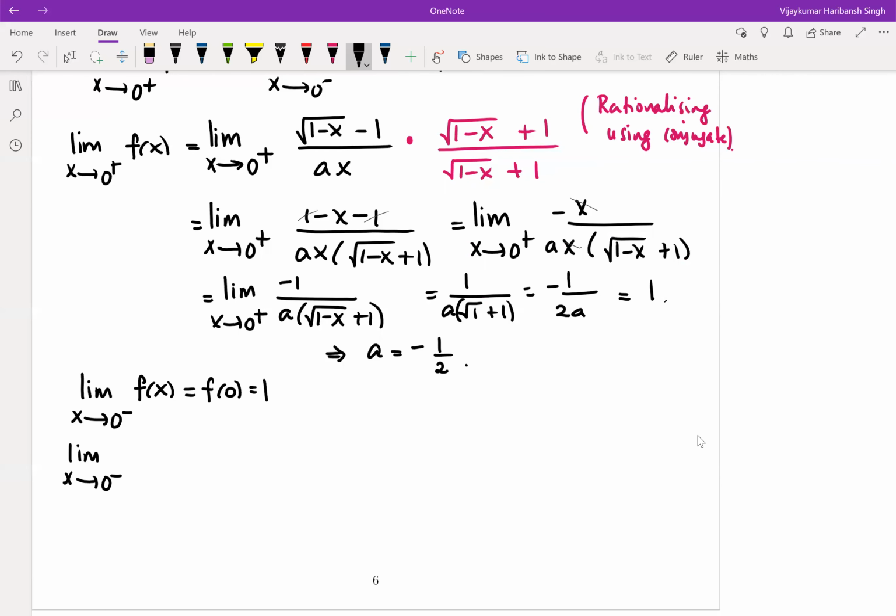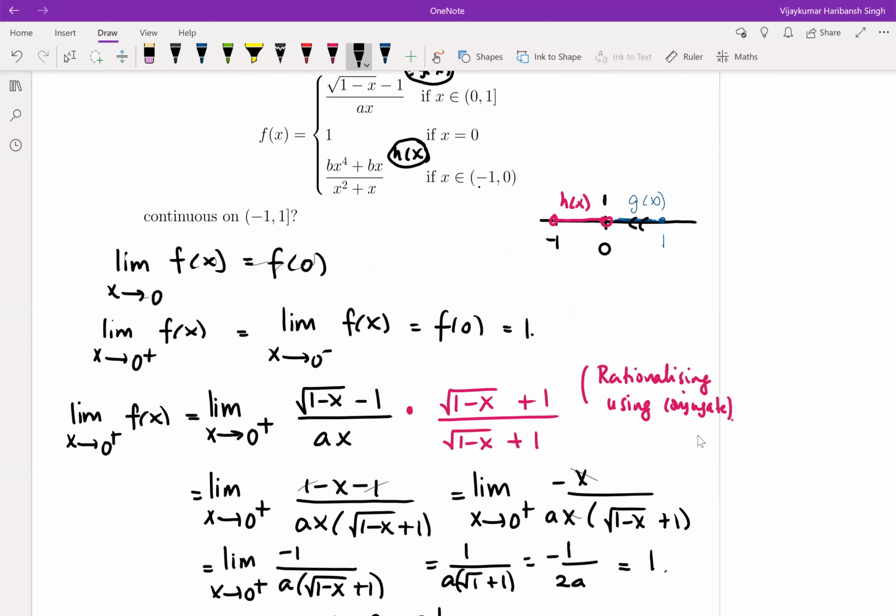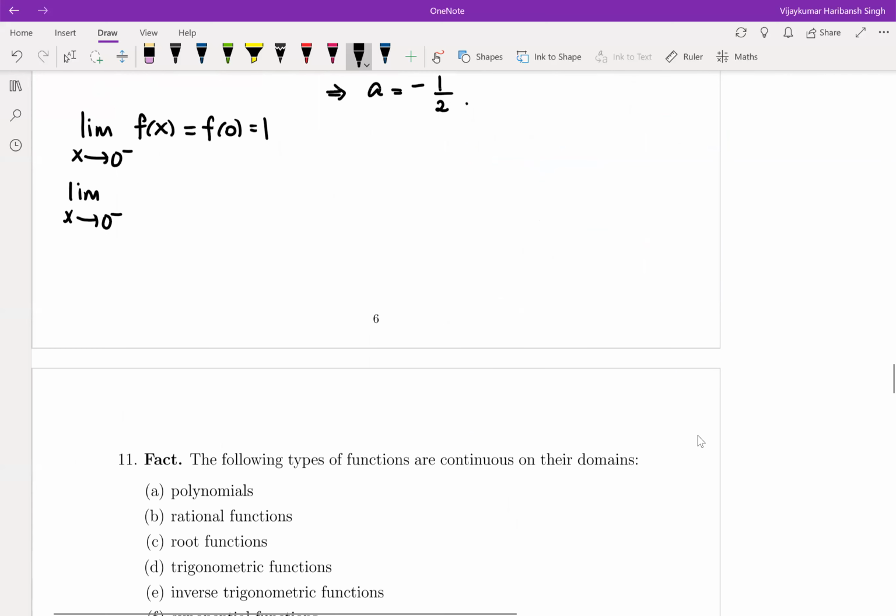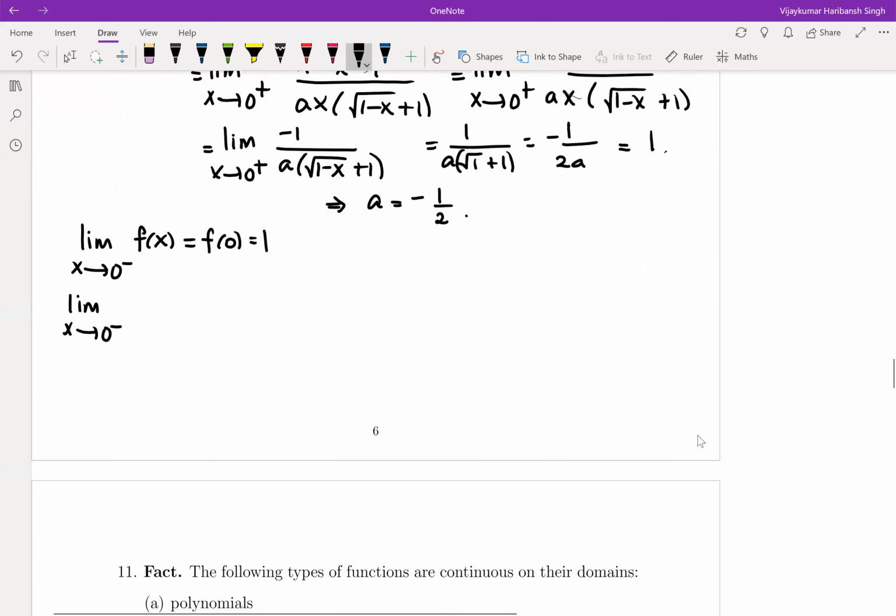As x goes to 0 minus, on this side of 0, the function is given by this definition. So we have the limit of b x to the 4 plus bx divided by x squared plus x.